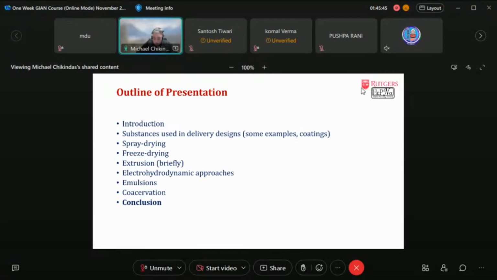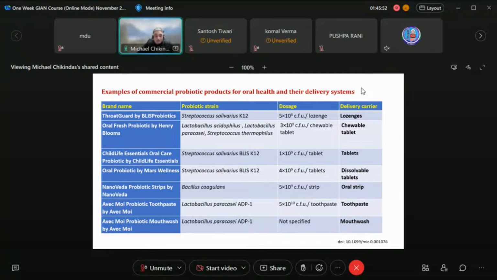Coming to the concluding remarks of this session, first, let me give you some examples. Lozenges, which I mentioned: these probiotic, our beloved Streptococcus salivarius K12 from BLIS Technologies, New Zealand. Chewable tablets. What else? Streptococcus salivarius again in dissolvable tablets, oral strips, toothpaste, mouthwash.